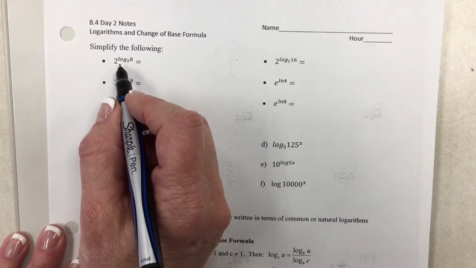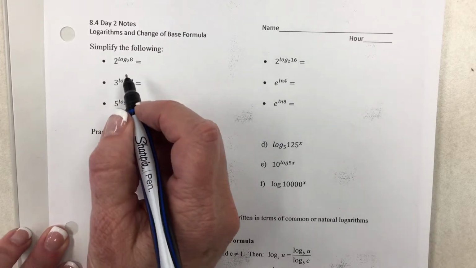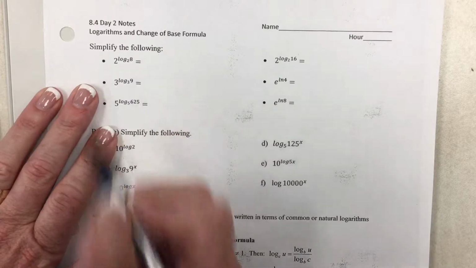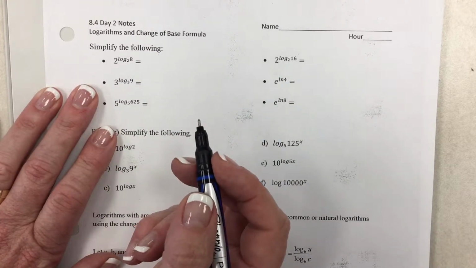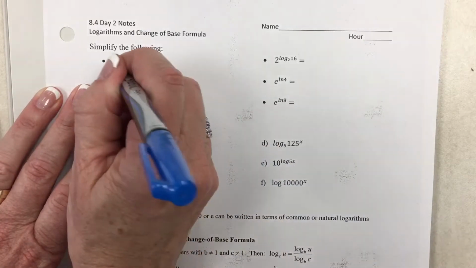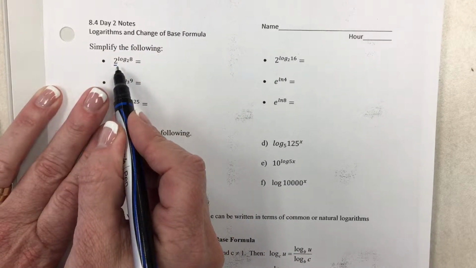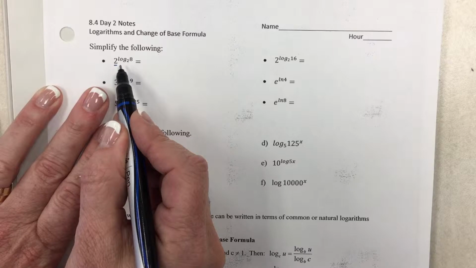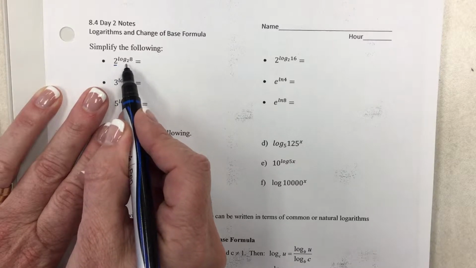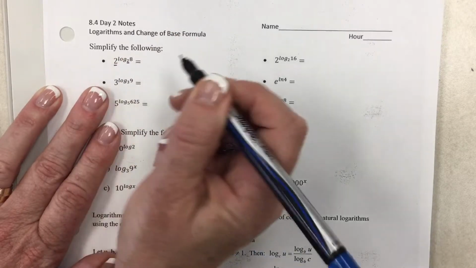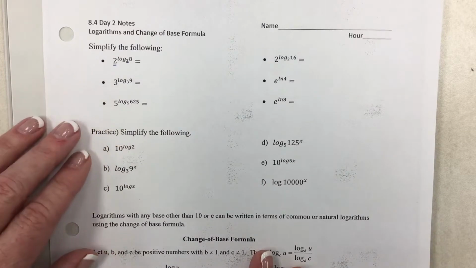We can do that. So I ask you, what is the base of the exponent? 2. The base of the exponent is this 2. What's the base of the logarithm? 2. And it goes back to what we talked about yesterday.